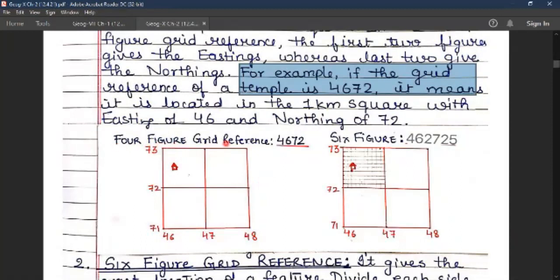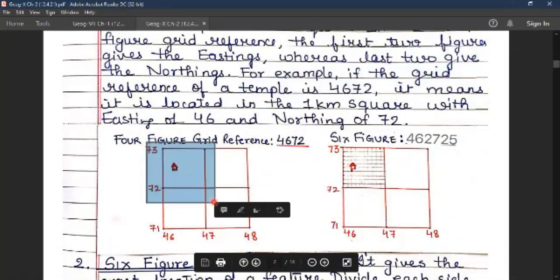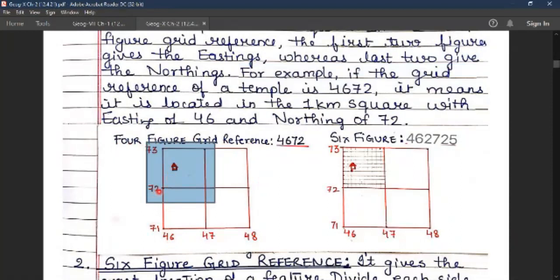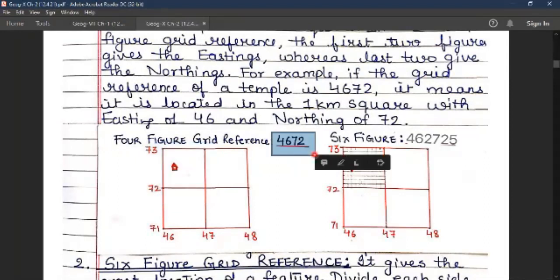So here the 4-figure grid reference of this temple is 4672. This is the square grid where this temple lies, and we are going to take first of all the easting value as 46 and then the northing value as 72. So the 4-figure grid reference of this temple is 4672.